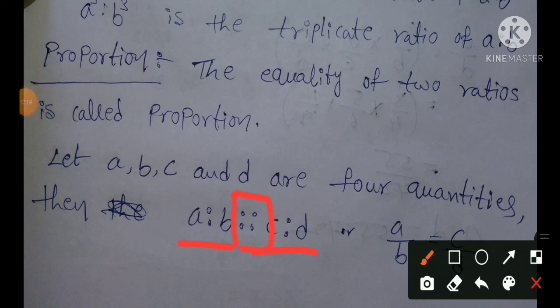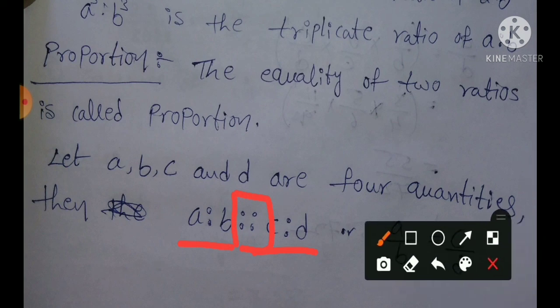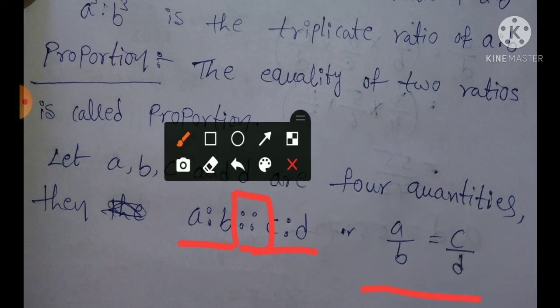The same we can write like this: A by B equal to C by D. A is to B is nothing but A by B, proportion is equal to, C is to D is nothing but C by D. A, B equal to C, D.